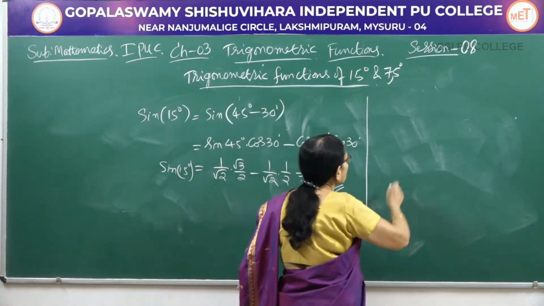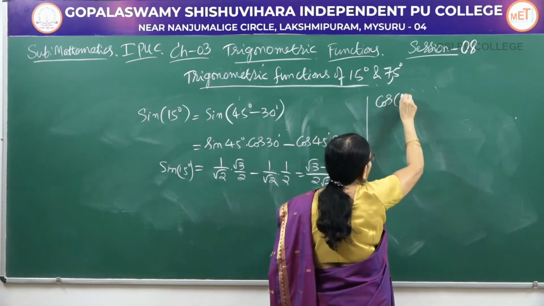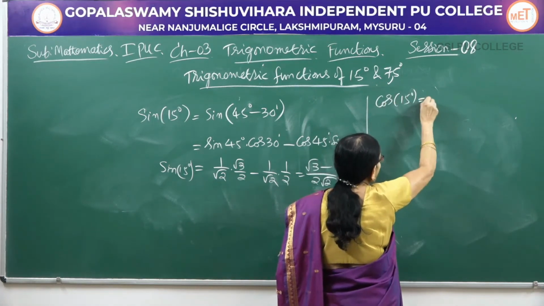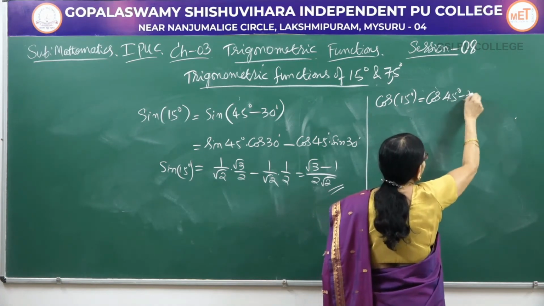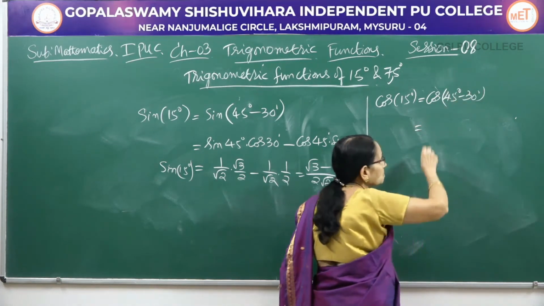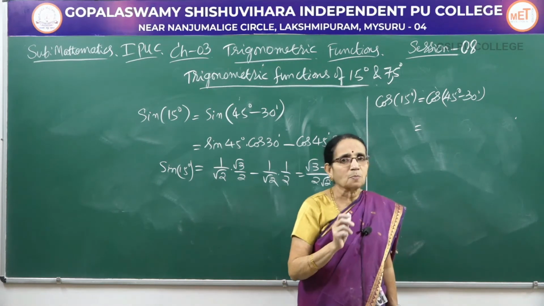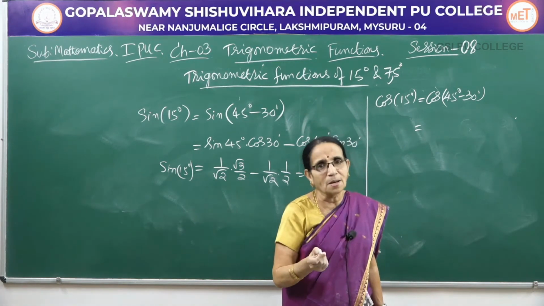Now let me consider the next ratio, next function, that is cosine. The procedure is the same. Write it as 45 minus 30. Now I am considering the expansion of cos of x minus y.